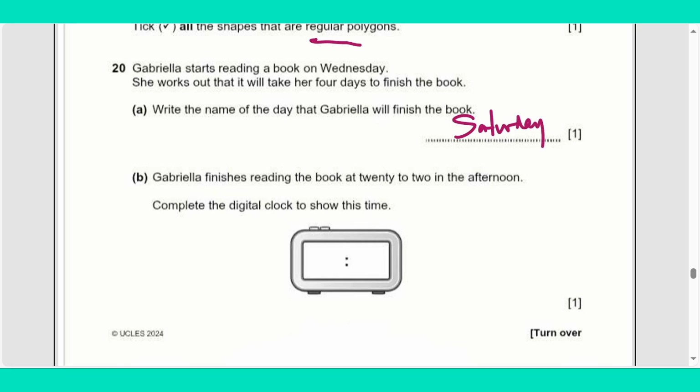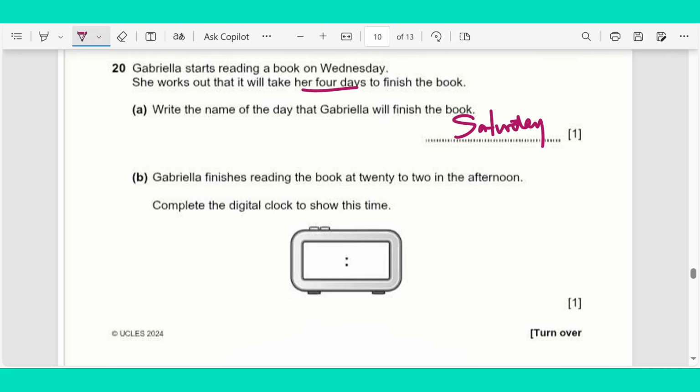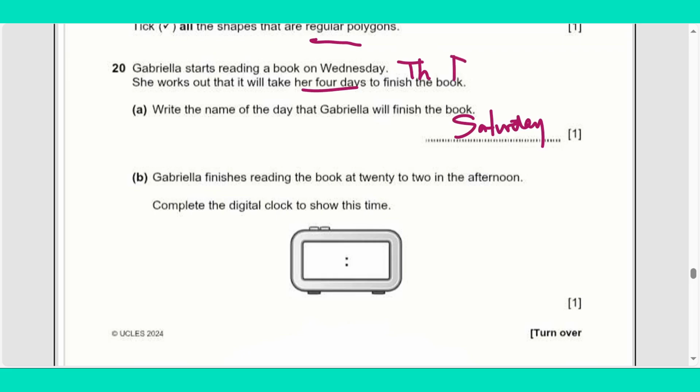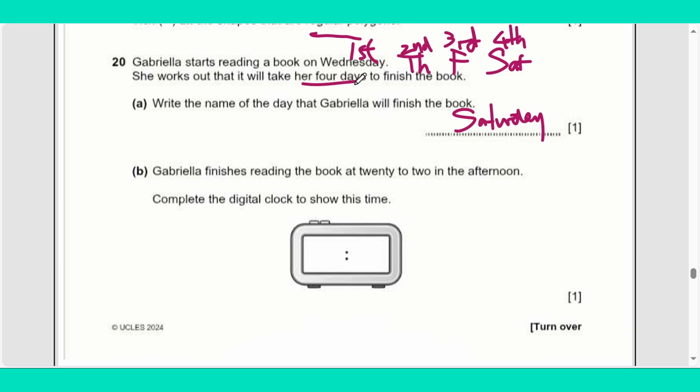So 4 days. Start reading on Wednesday, 1 day, and then Thursday, Friday, and Saturday. So first day, second day, third day, and then fourth day. Okay guys, first day Wednesday, Thursday, Friday, Saturday.